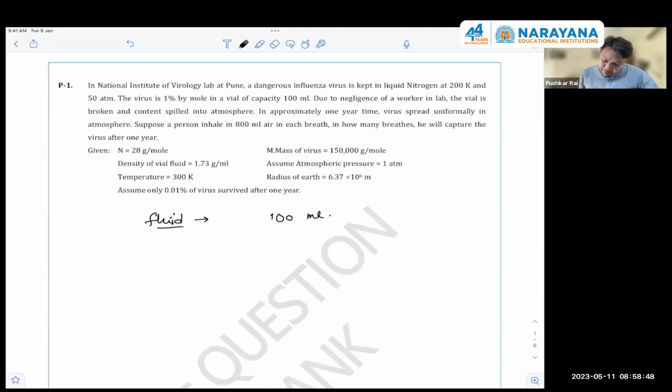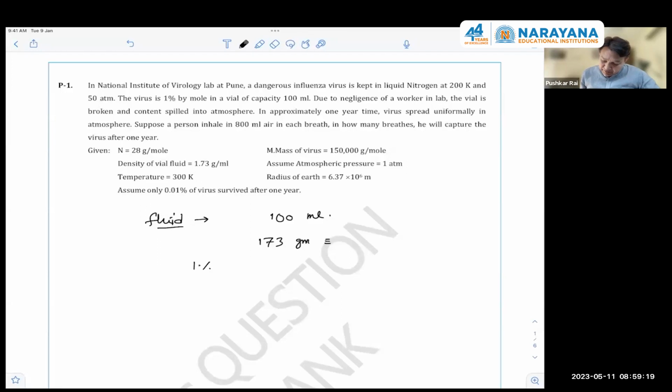So this 100 ml means what? 173 grams. The vial was having 173 gram of mass. Okay. So in 173 gram, you see virus is 1% by mole in the vial of capacity 100 ml.